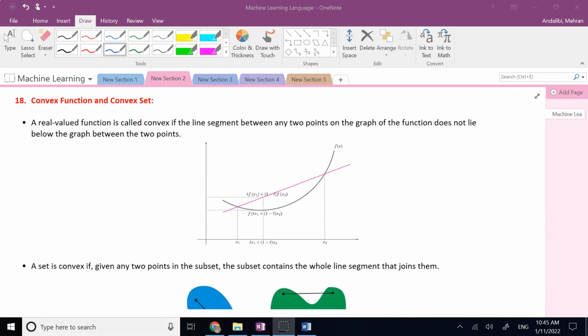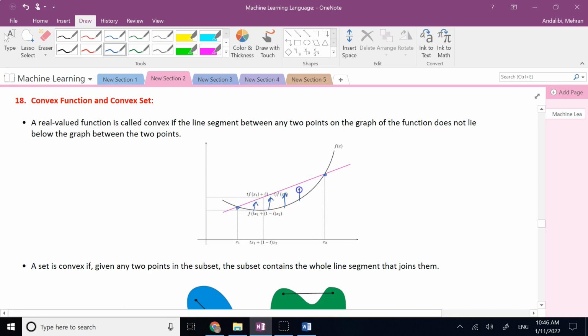The next topic is convex function and convex set. We say a function is convex if the line connecting any 2 points on this function is always above the function. You see here the purple line, the values of the purple line connecting these points x1 and x2 is above the function.